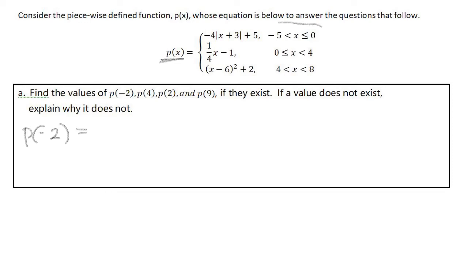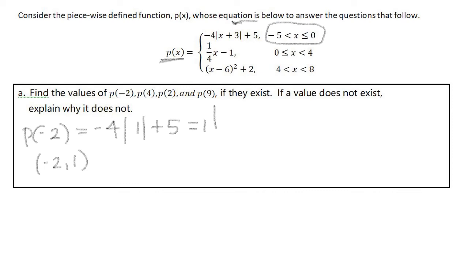And notice -2 should fall inside this interval here between -5 and 0. That's where you'll find -2. So that tells me this is the function I need to use when I'm evaluating this. So we're going to have -4, absolute value. Well, -2 plus 3, that's going to be a +1 plus 5. And so this value here gives me 1. So I've actually found the value -2, 1.